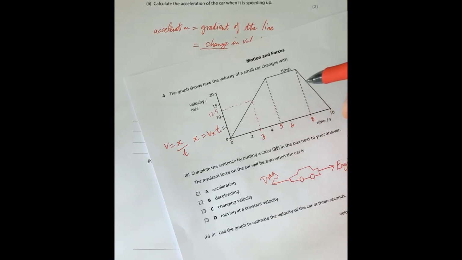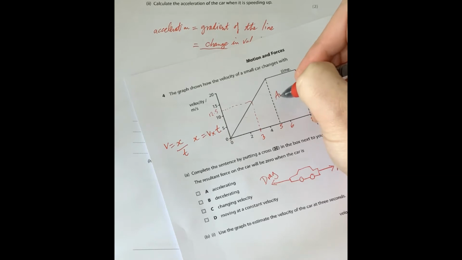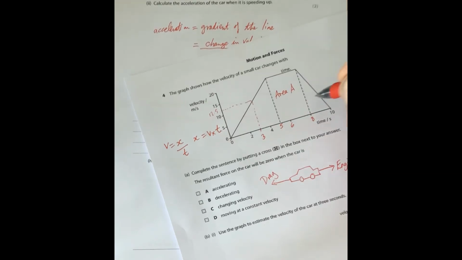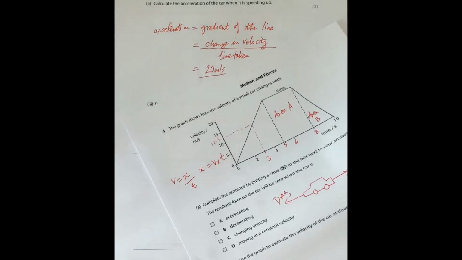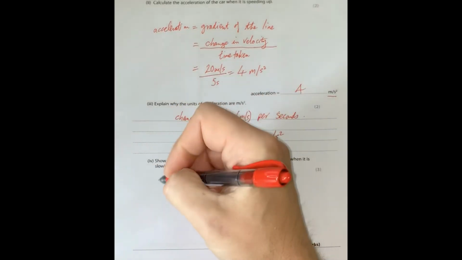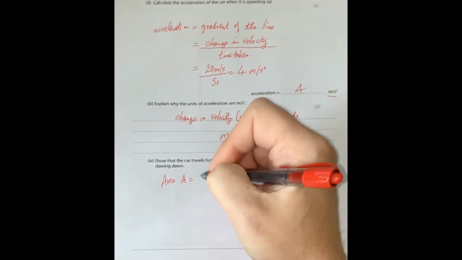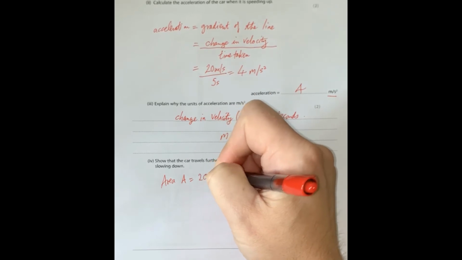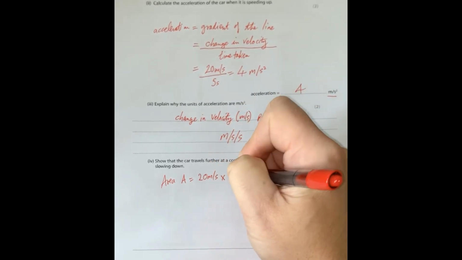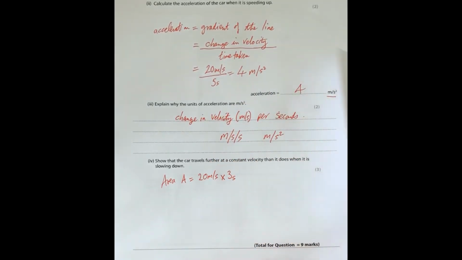However, if you're changing your velocity, it's still the same principle. We work out the area, but the area of this shape is a triangle. So we're going to work out the area of A and compare that to the area of B. I'll keep referring back to the numbers here. So we've got the area of A, which is just a rectangle with a height of 20 meters per second and a base width of 3 seconds.